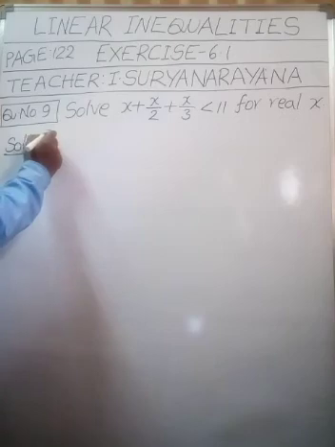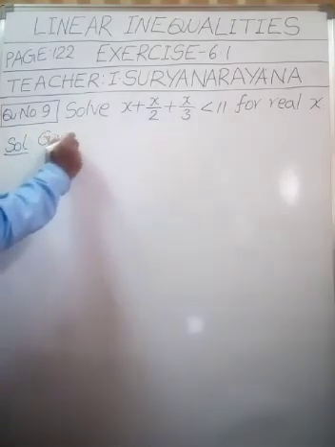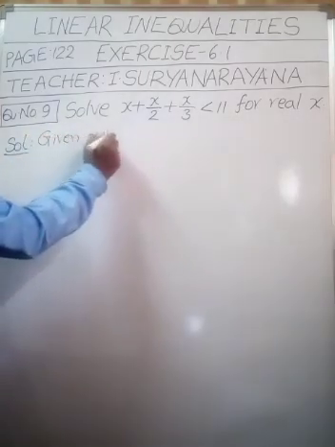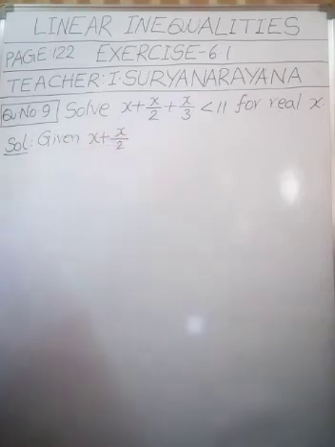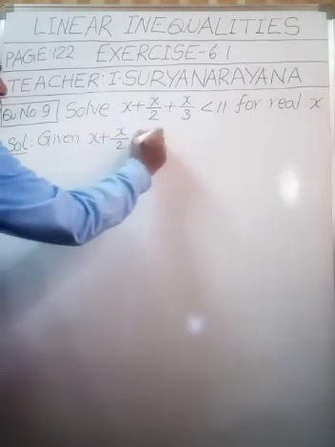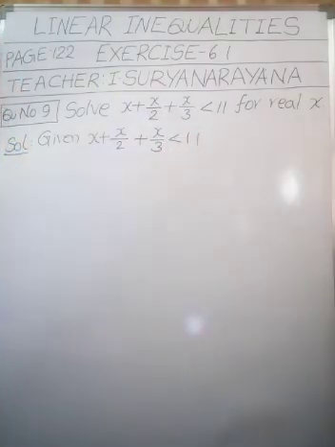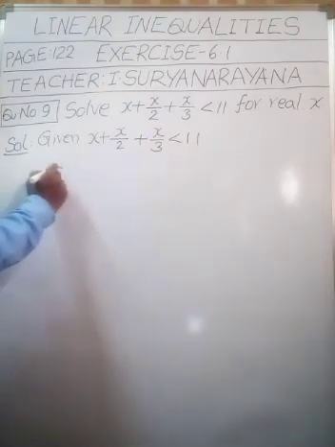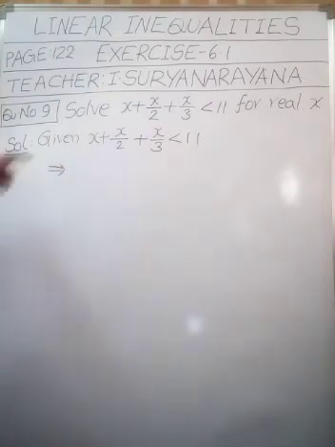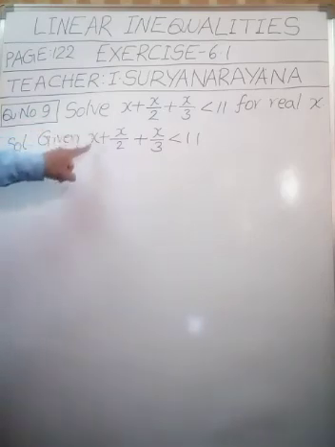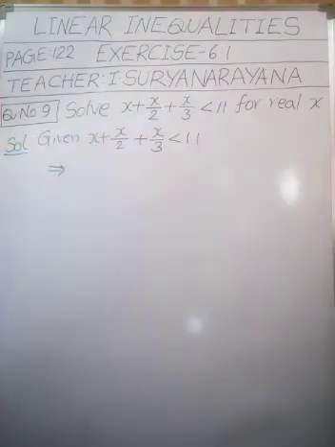Now let us write the given inequality. Given x plus x by 2 plus x by 3 less than 11. I have written the given inequality. This implies, if you observe the LHS, there are 3 terms. x is one term, x by 2 is the second term, and x by 3 is the third term.